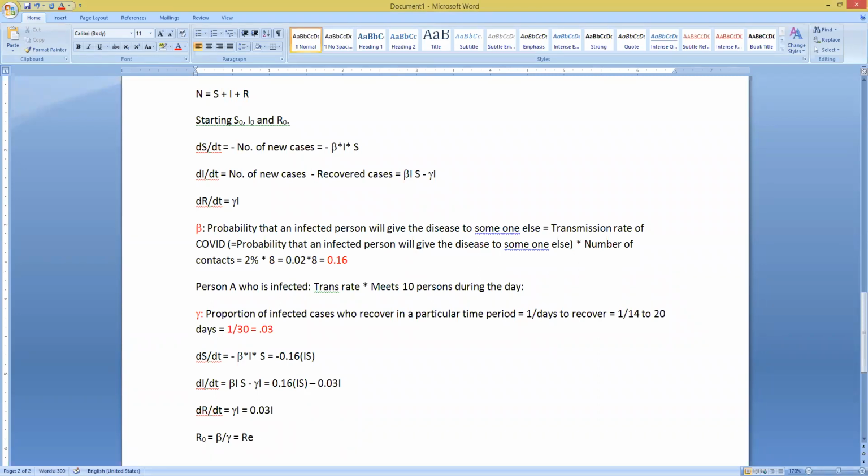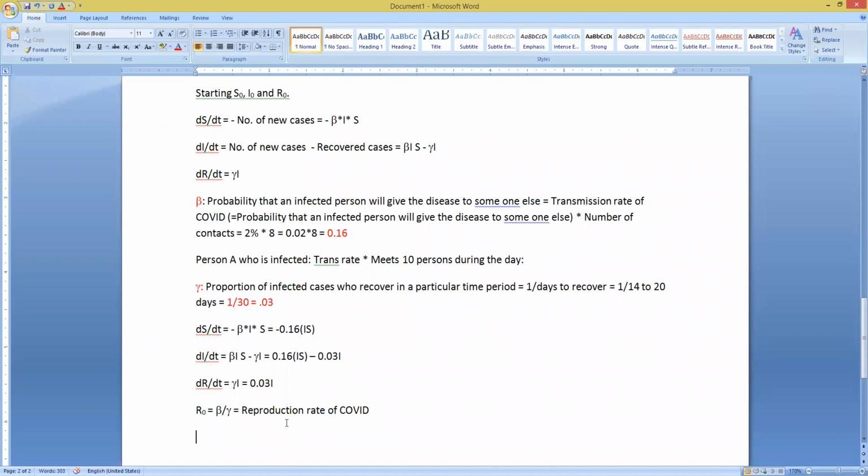Yes, it is the reproduction rate of the infectious disease. So generally, if rho naught is greater than 1, it means that the disease will spread.